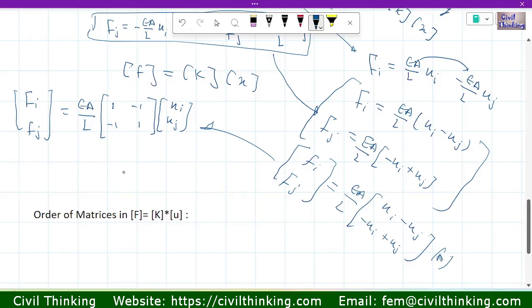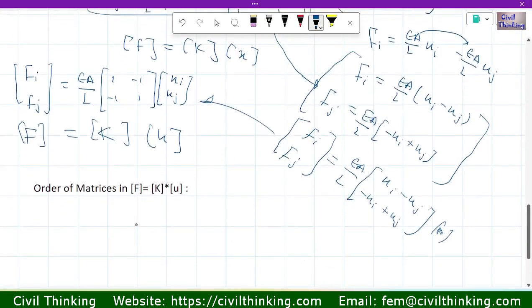So this is what? F is equal to k times u. So from here, what is the value of k? K is this. So I will write k is EA by L times 1, minus 1, minus 1, and 1.